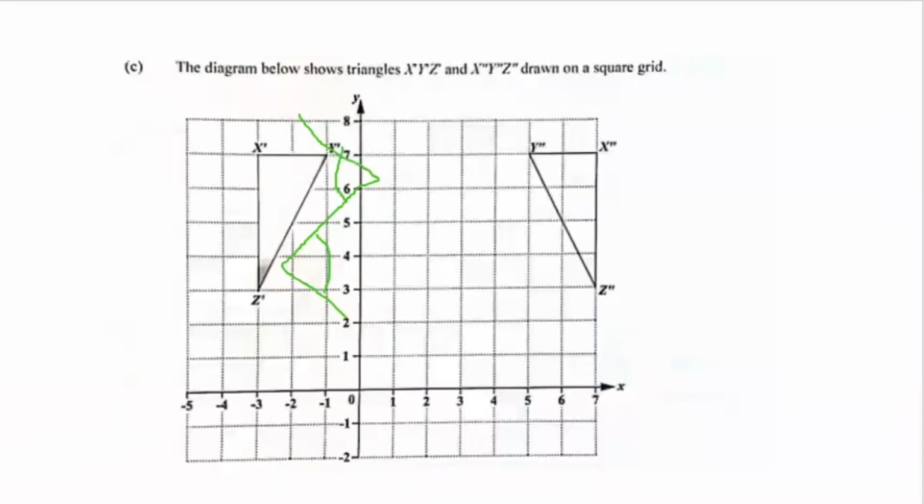Now another question, part C. It says the diagram below shows triangle x prime, y prime, z prime, and x double prime, y double prime, z double prime drawn on a square grid.